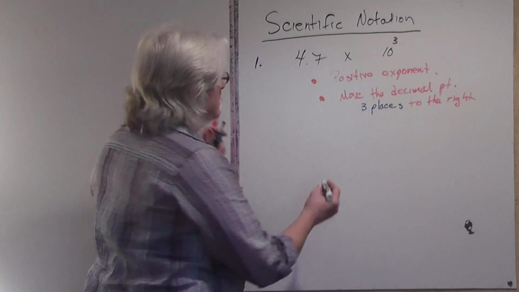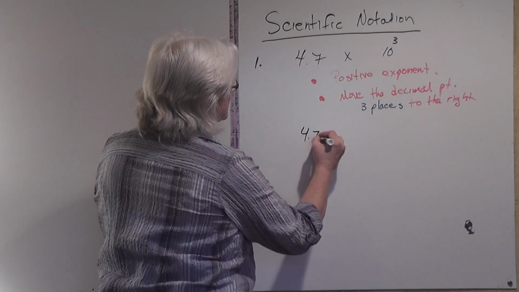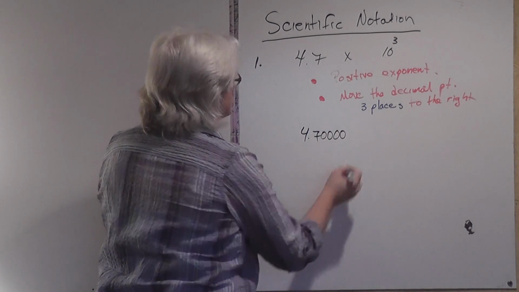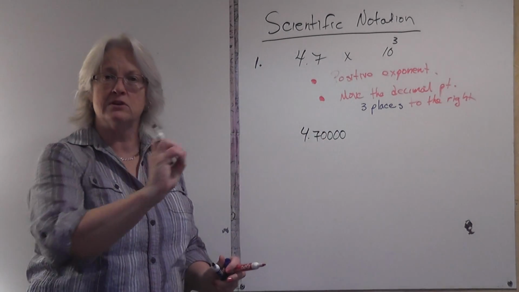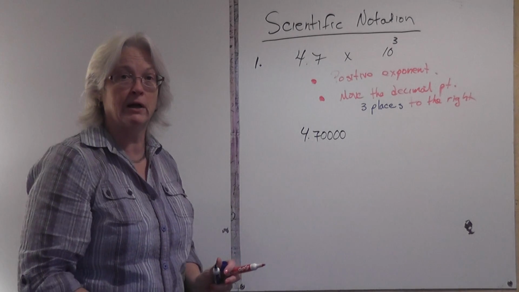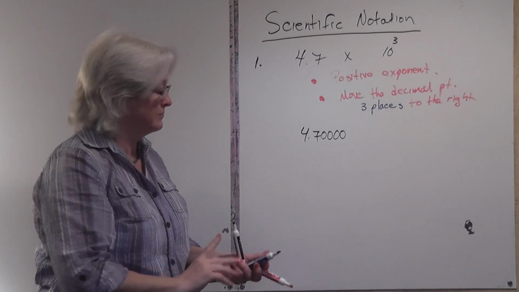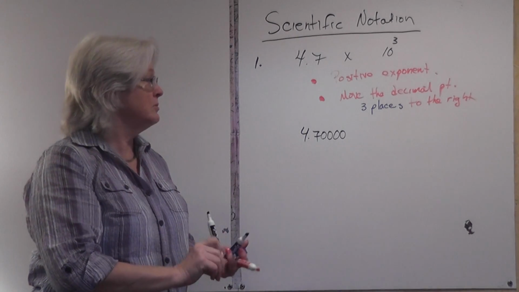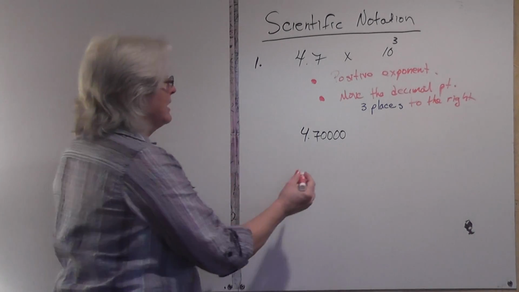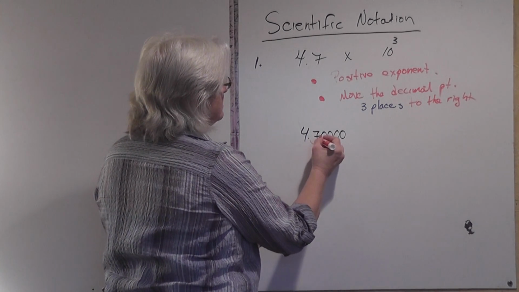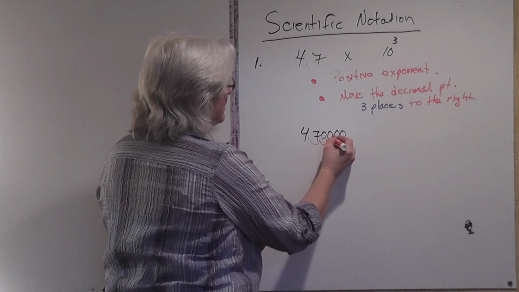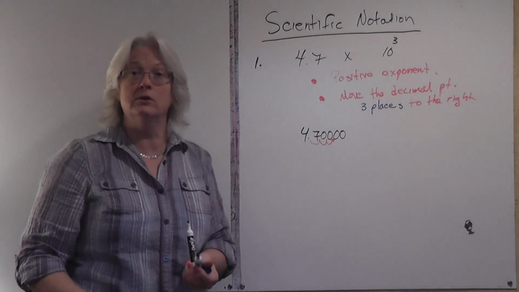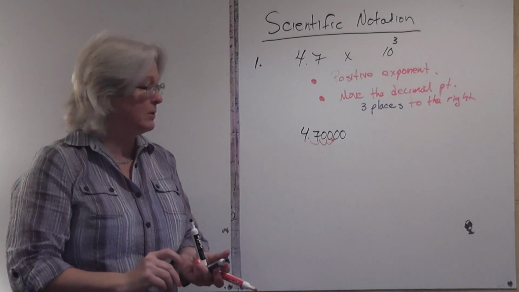that decimal point. So, 4.7, let me just tack on some extra zeros. You're going to have to add zeros to the end of the number when you're multiplying by a positive power of 10. And we want to go ahead and move our decimal point 3 places to the right. 1, 2, 3. So that's going to be the new location of my decimal point.